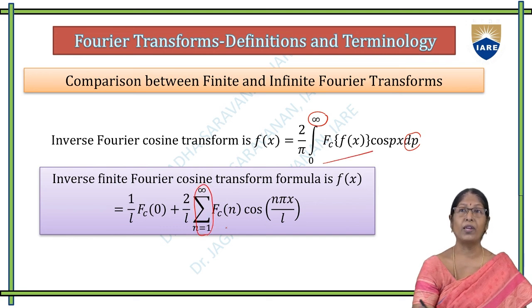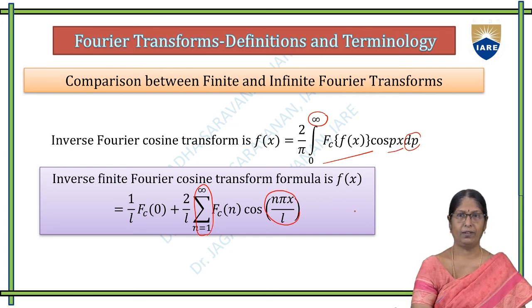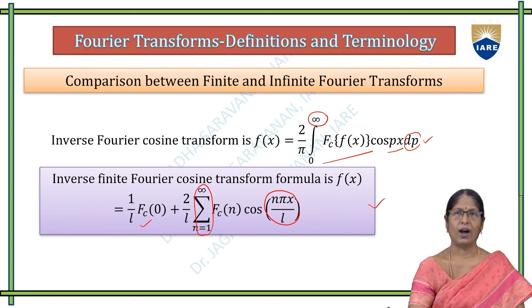This is summation. And this px becomes n pi x by L. Two terms are there: 1 by L, capital FC, that is Fourier cosine at the point 0. So inverse under infinite, inverse under finite, for Fourier cosine.